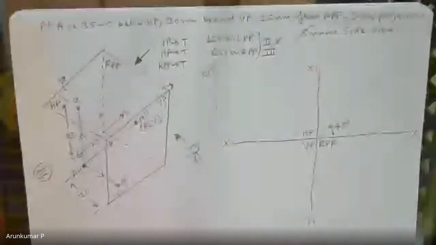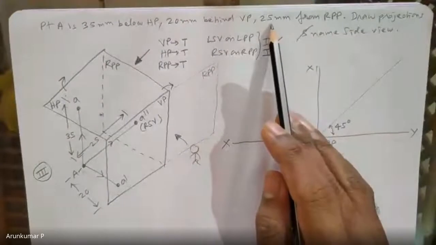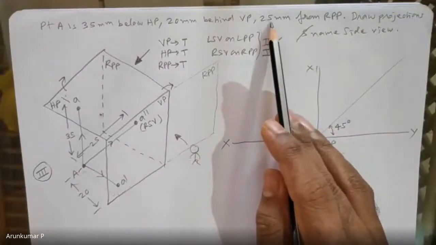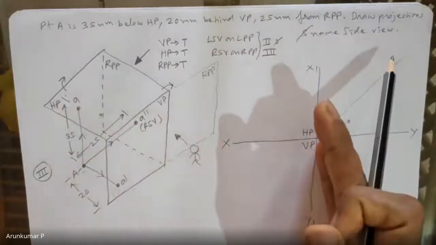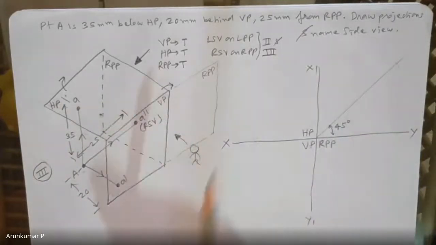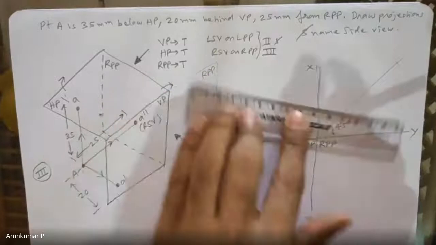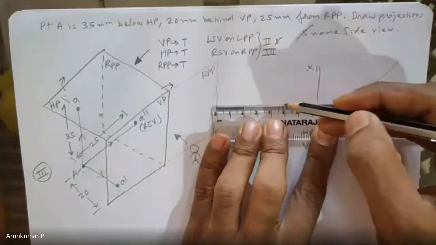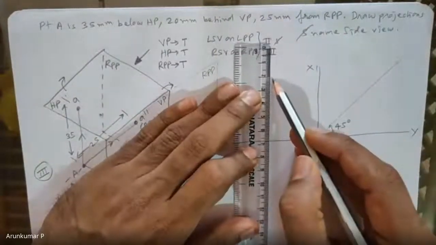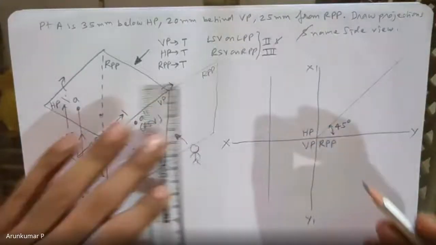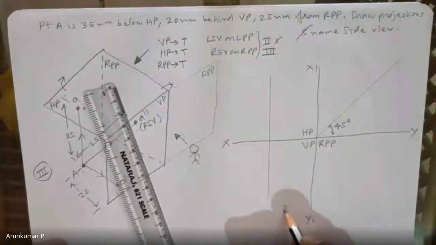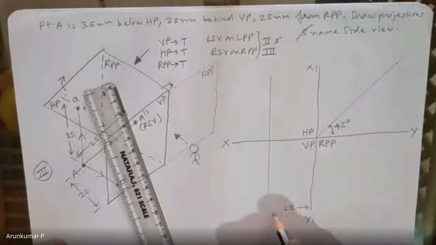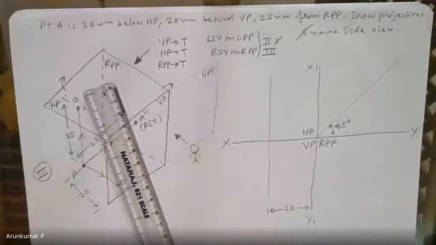Now you have to start with this value 25 mm from RPP. So from RPP, that is from X1 Y1 line, you draw a vertical projection line at a distance of 25 mm from RPP.